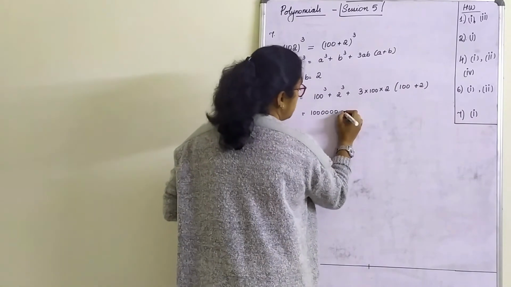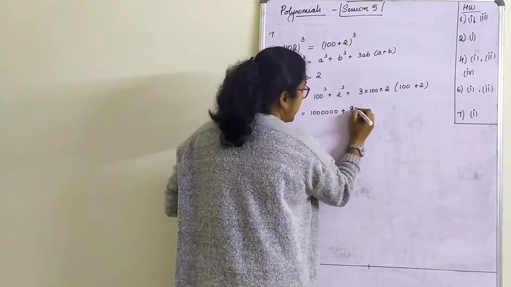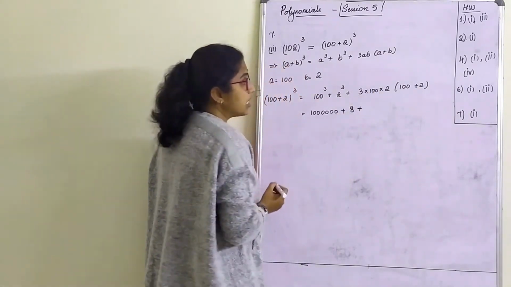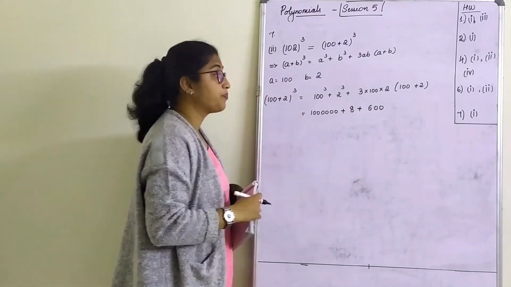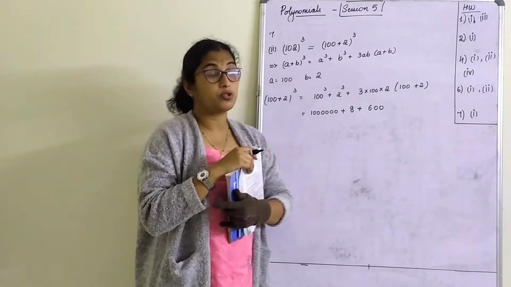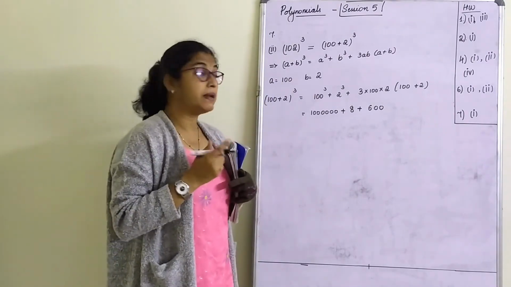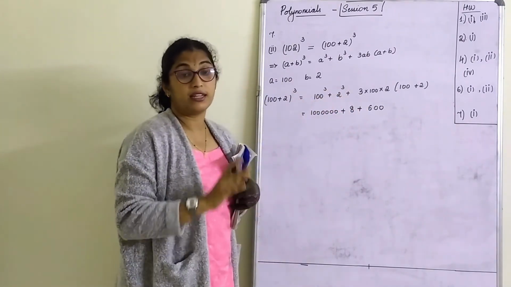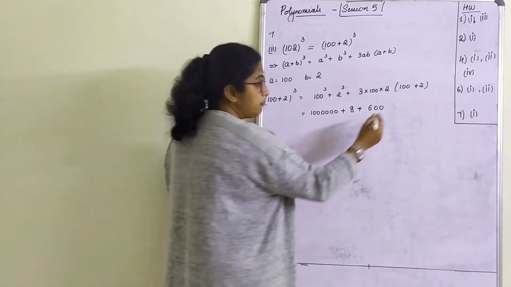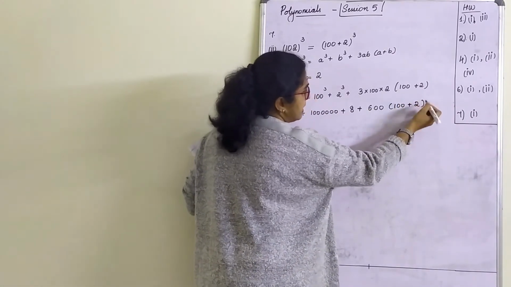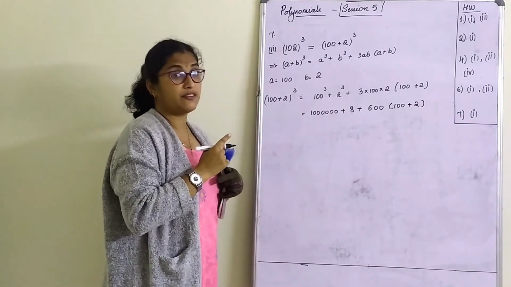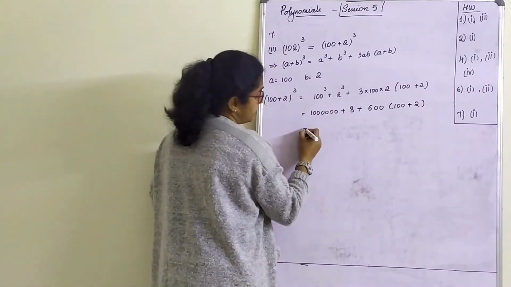Plus 2 cube, 8. 3 2s are 6, 6 into 100, 600. Now here, please do not add 100 plus 2 because you need to multiply 102 into 600 there. So don't add 100 plus 2. If you add, you have to multiply, that's all. Rather, keep it as it is. It will be very easy for us for further calculation.